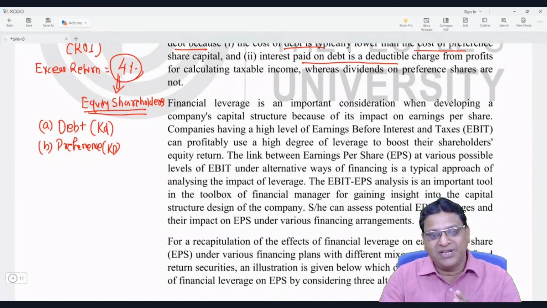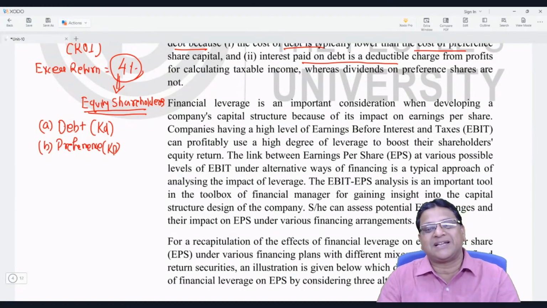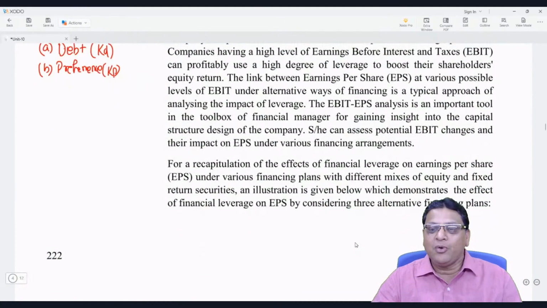So one should not use maximum debt capital. One should use debt capital up to a particular limit, and that limit is known as the optimum level of debt capital. So how to decide the optimum level of debt capital, and which capital structure is best for an organization?